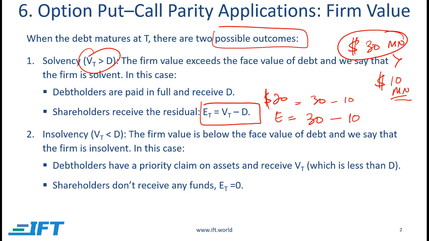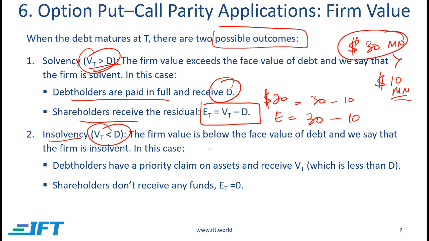So in this situation where the value of the firm is greater than that of the debt amount, after paying what is owed to the debt holders, the shareholders receive the remaining amount, which can be very good for them. However, if the company goes bankrupt, it goes insolvent, which means the value of the firm even falls below what the debt holders want.